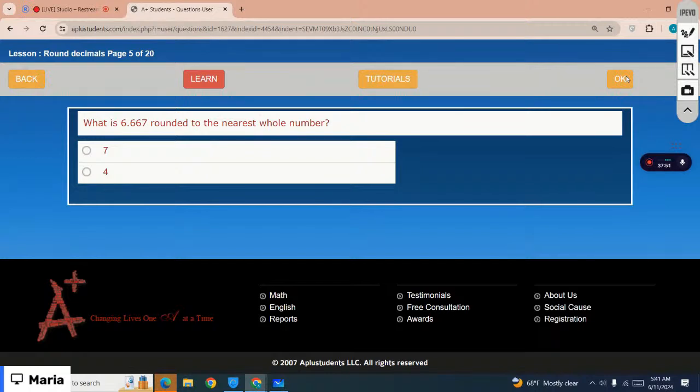The correct option is, yes, 7. 6.667 is rounded off to 7.